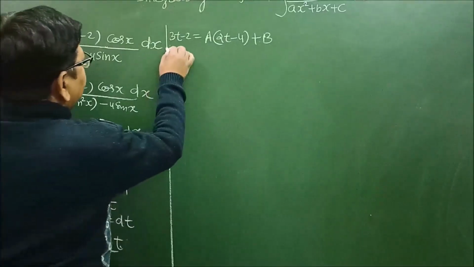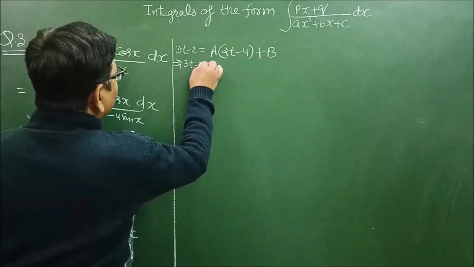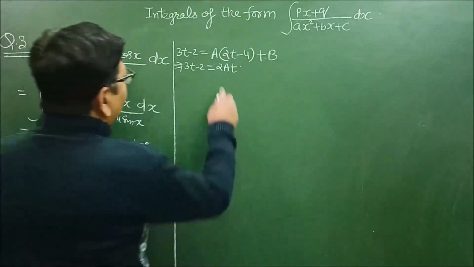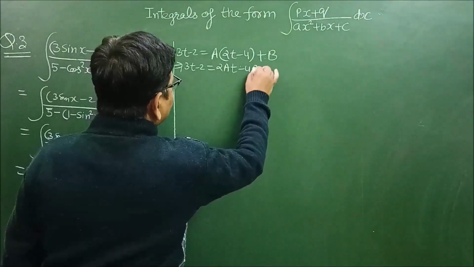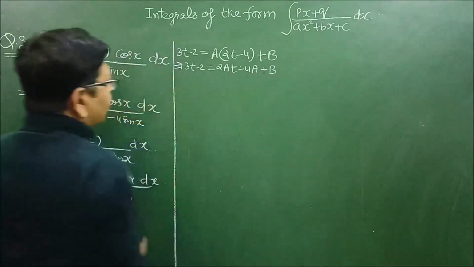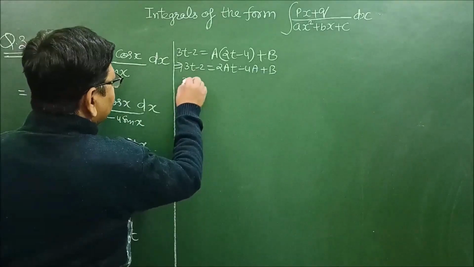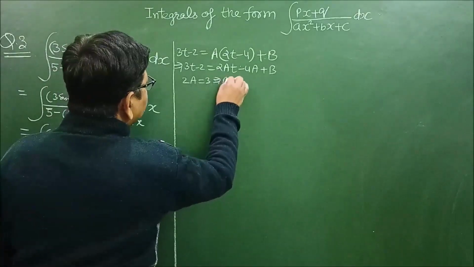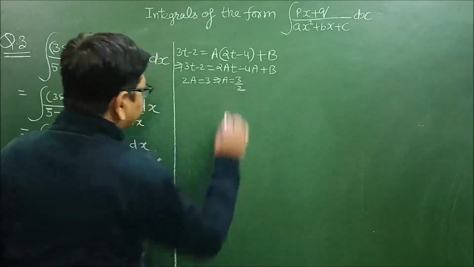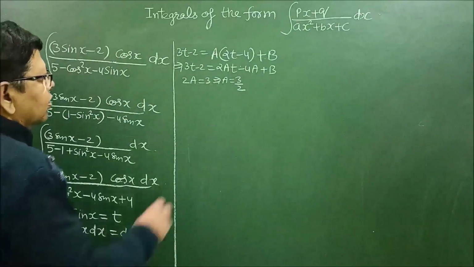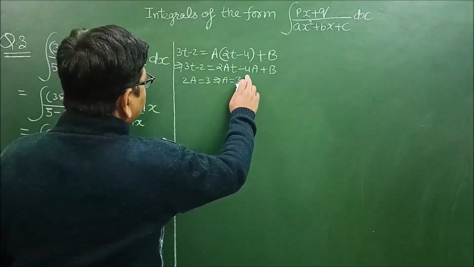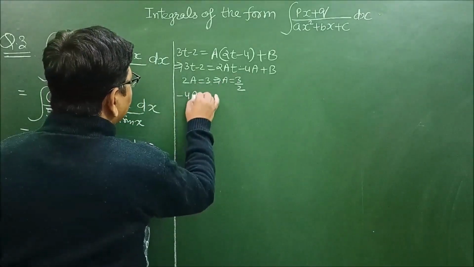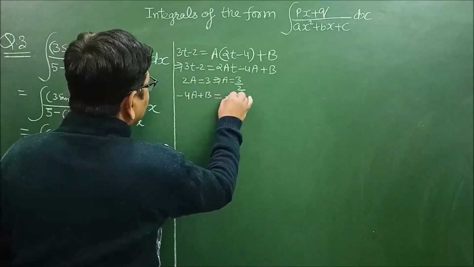Now rearranging the terms, 3t minus 2 is equal to 2at minus 4a plus b. Now on comparing the coefficients on both sides, 2a is equal to 3, that is the value of a is equal to 3 upon 2, and the constant term on the right hand side is minus 4a plus b, which is equal to minus 2.